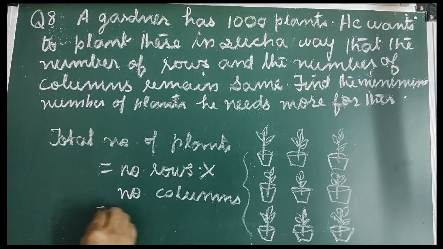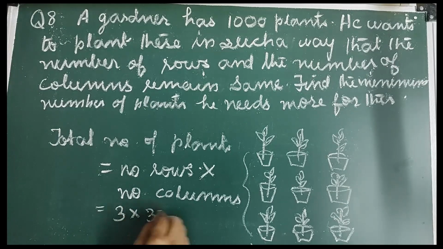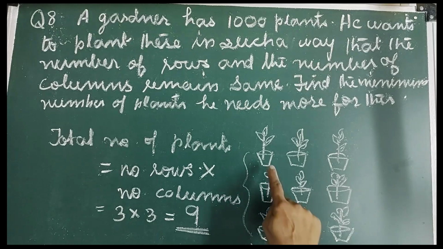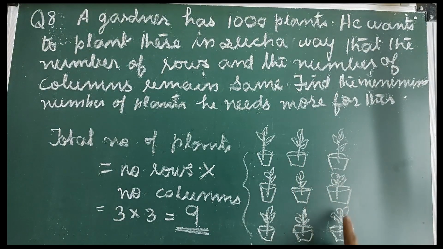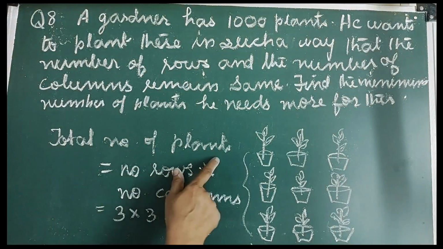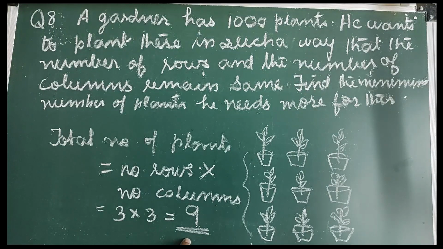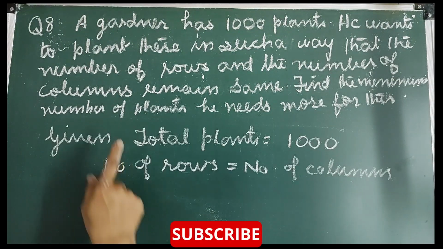That is 3 into 3, that's equal to 9. And we know 9 is a perfect square. That is, if the number of rows and number of columns are equal, then the total number of plants equals a perfect square.